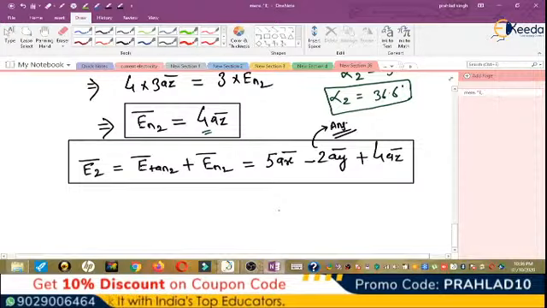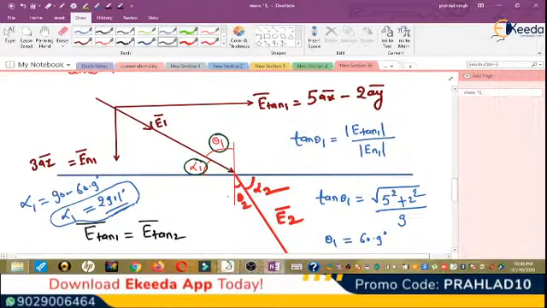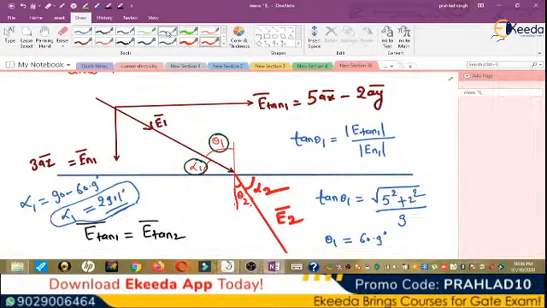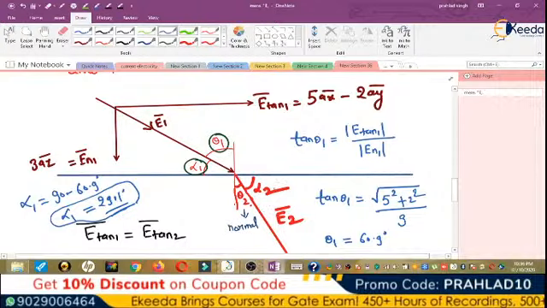So this is how we can calculate the value of angles with the interface and angles with the normal. You check here, this is the angle with normal and this is the angle with interface. This is theta 2, right? This is the angle with the normal, and this is the angle with the interface.